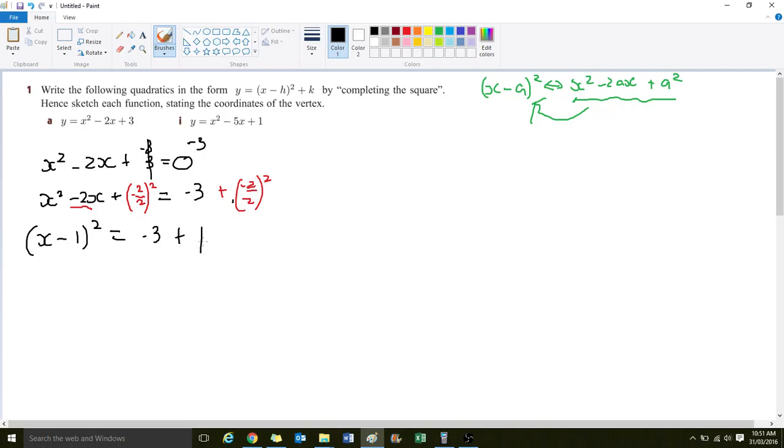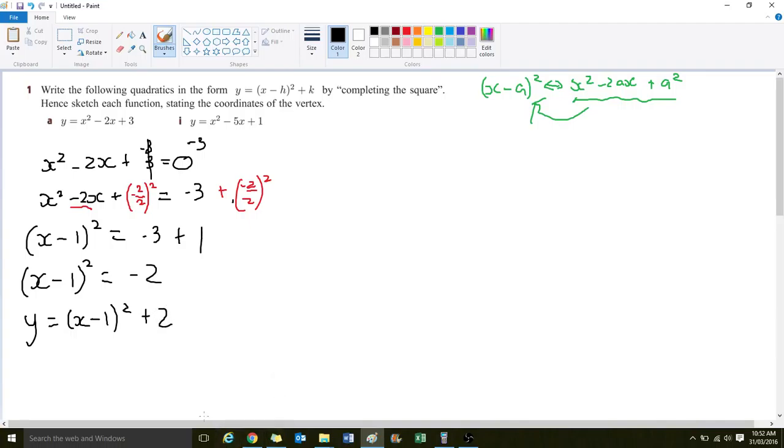So we've got minus 3 plus 1, so the answer we have is x take 1 squared equals minus 2. So now let's put it back into the original equation, so it's all on one side. So what we have then is y is equal to x take 1 squared plus 2.